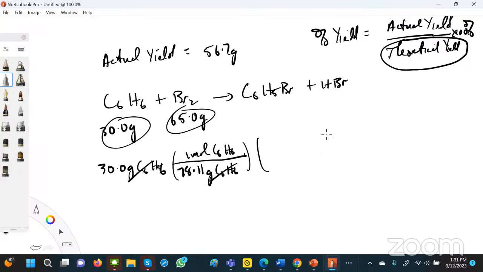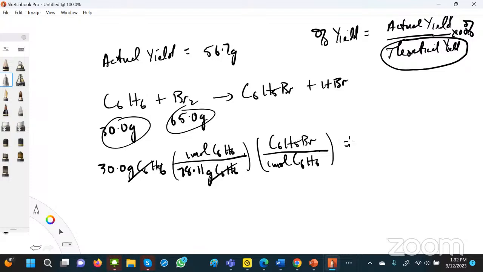And then the next conversion factor would be what? The mole ratio between? So 1 mole of C6H6 down here. And what goes up top? We work that out.